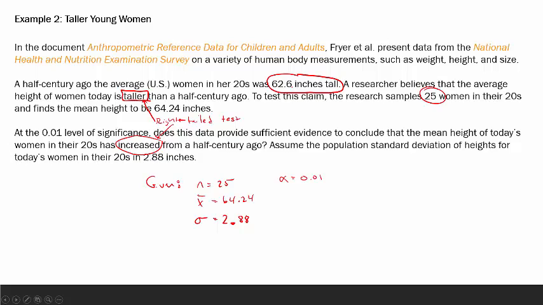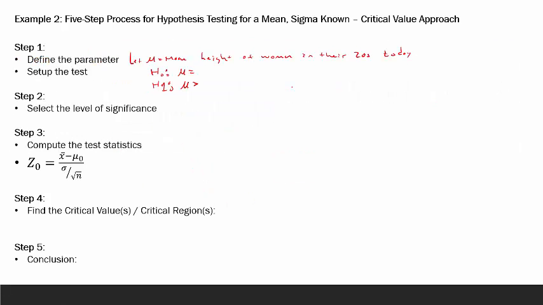We want to see that it's increased from that, so we'll start with the assumption that it's that height. We're looking to see that it's greater than that height. So start with the assumption that the height hasn't changed, and we're looking to show evidence that the mean height has definitely gone up.